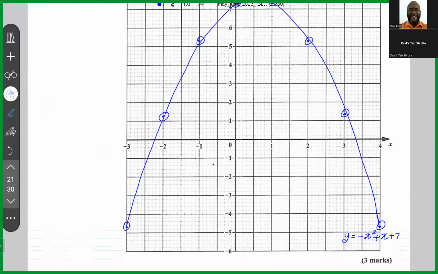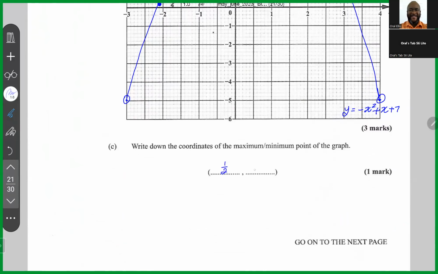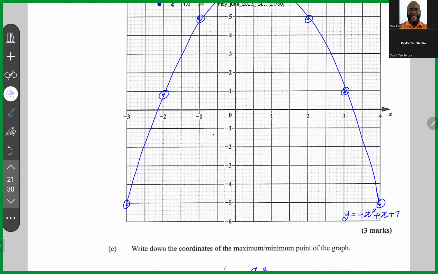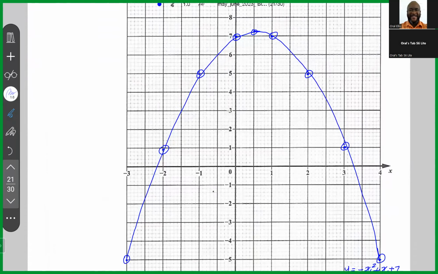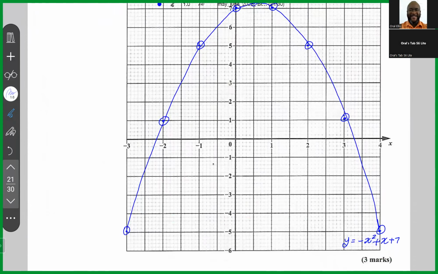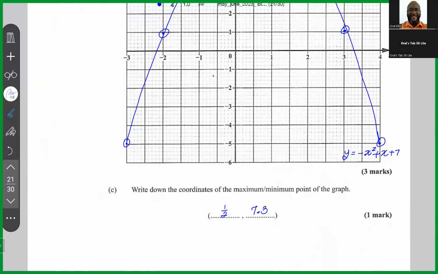So the vertical line through the graph is x is equal to a half, and the value of y at the maximum point is about 7.3. So my maximum point is a half, 7.3.